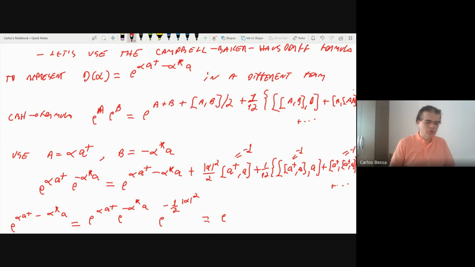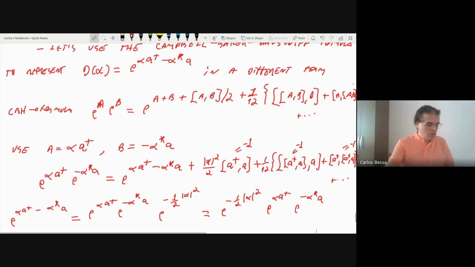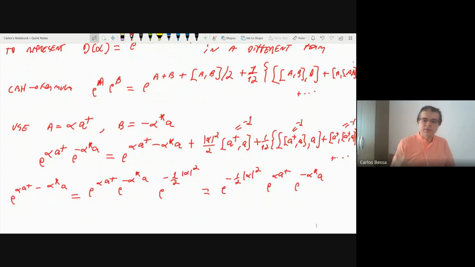So this is exponential of minus alpha square over 2, exponential of alpha A dagger, exponential of minus alpha conjugate A. So I can write this in this way. It's the same symbol, but this form of writing is better to study the number state.